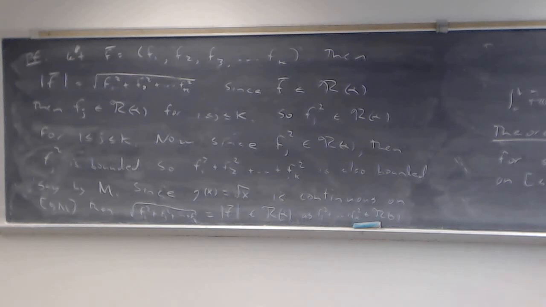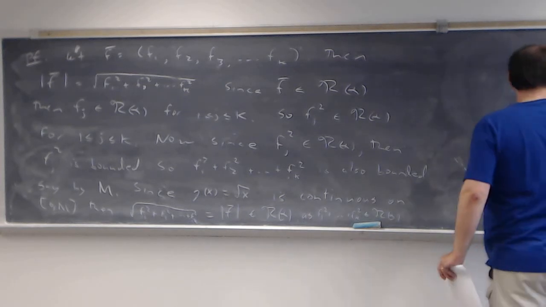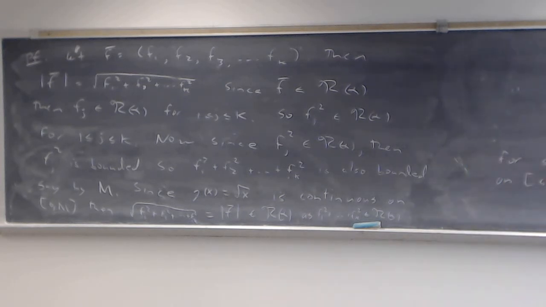The other part of the theorem is to show an inequality between the integrals: the absolute value of the integral and the integral of the absolute value of the function, or the norm of the function. So we'll work on that next.